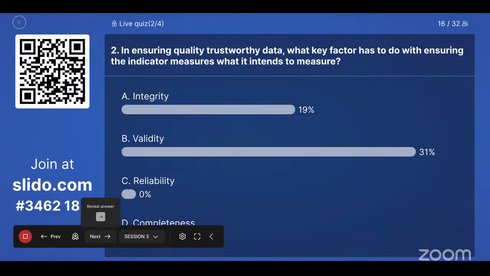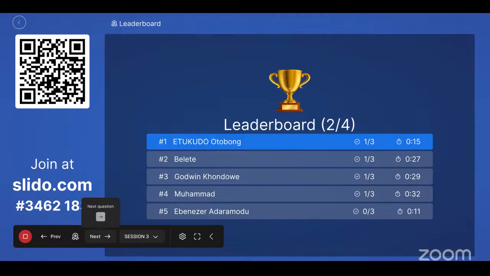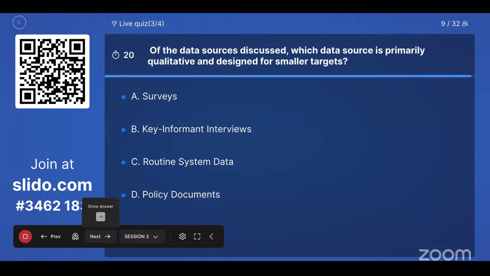So the answer is validity, not reliability. So we have Autobunk leading now. Next question. This is the second to the last question. So you have 15 seconds left.